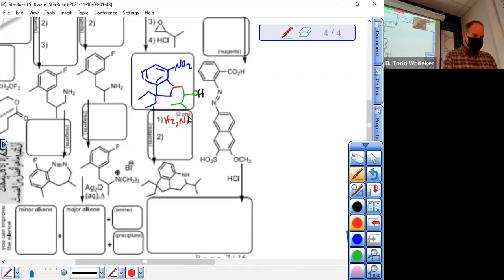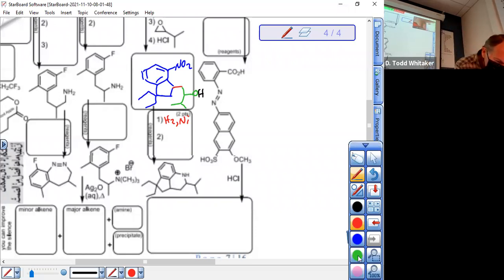It's not going to do anything with an alcohol, but if that's a halogen, there's a good chance it'll close. If it's a ketone, there's a good chance it'll close, but it'll make an imine. That's not a problem. You like that one? Ketone, make imine and then reduce the imine? I do like it.